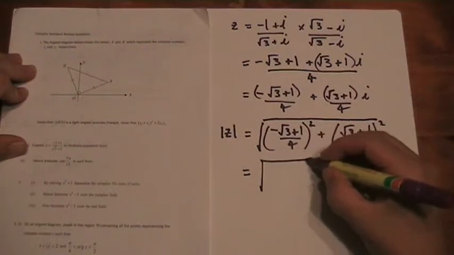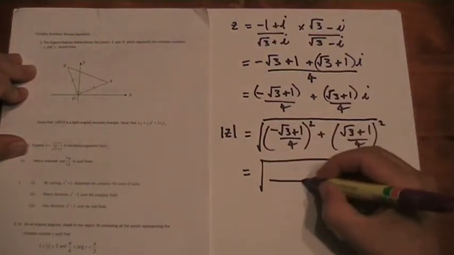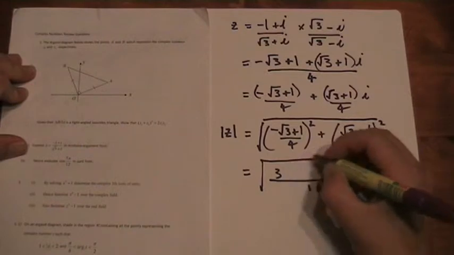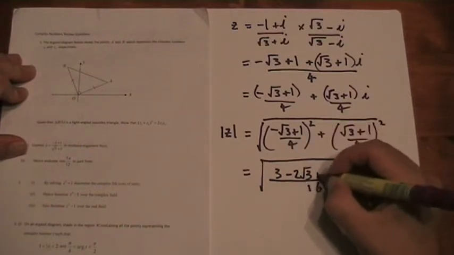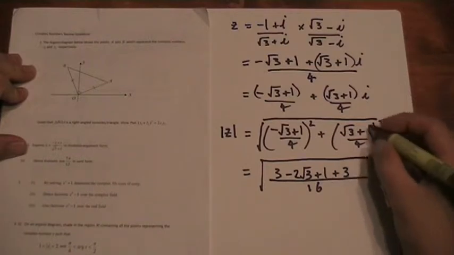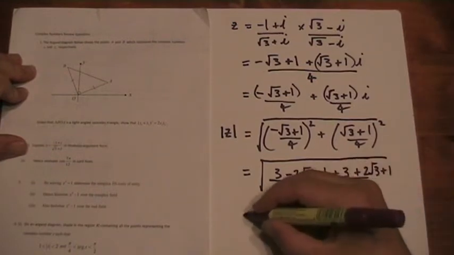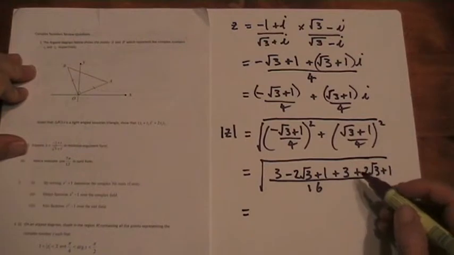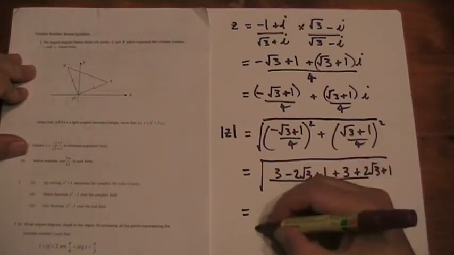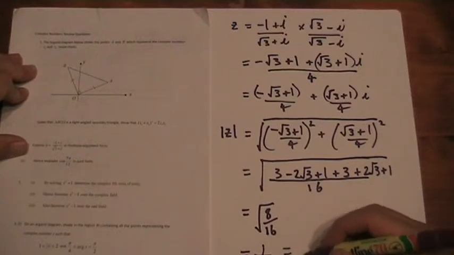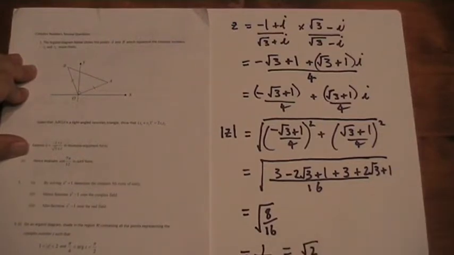Simplifying that down, it will be over 16, gives me 3 - 2√3 + 1 + 3 + 2√3 + 1 all over 16, which means that our √3's cancel, leaving you with 3 + 1 + 3 + 1, √8 on 16, which is equal to 1 on √2, and I can rationalise the denominator and get √2 on 2.